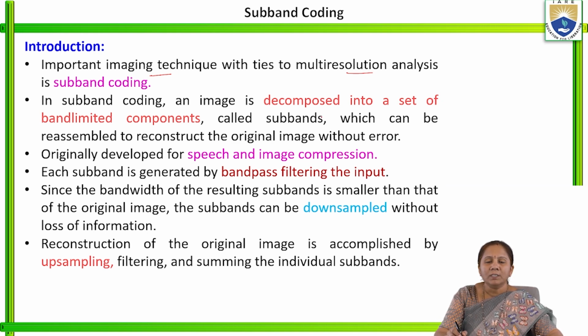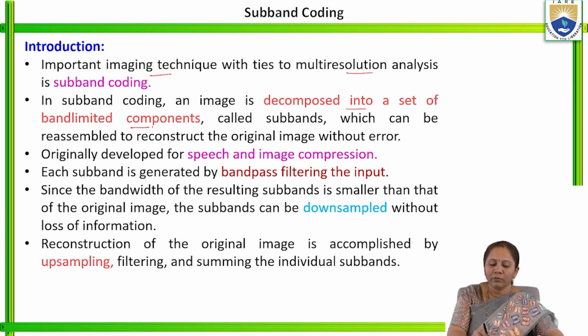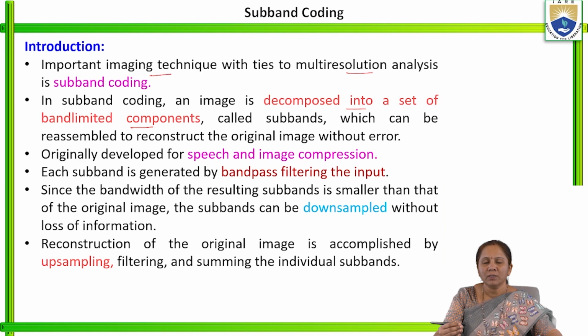In subband coding, the original image is decomposed into a set of band limited components. The original image is divided into several subbands, and each subband is band limited.